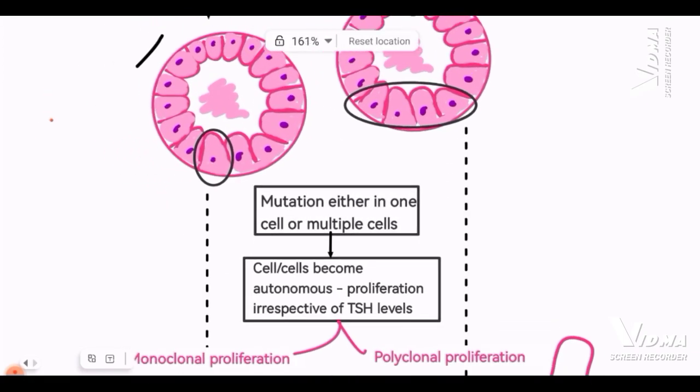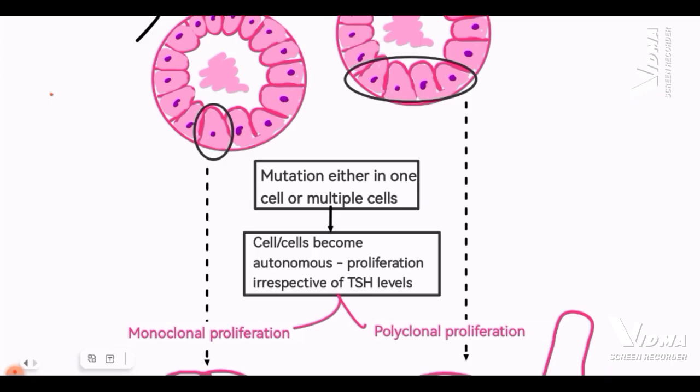Now see here, this is one follicle, this is one follicle, lined by cuboidal epithelium. At the center is colloid. Now in the first case, due to this repeated process, this cell which is highlighted and circled is undergoing mutation.